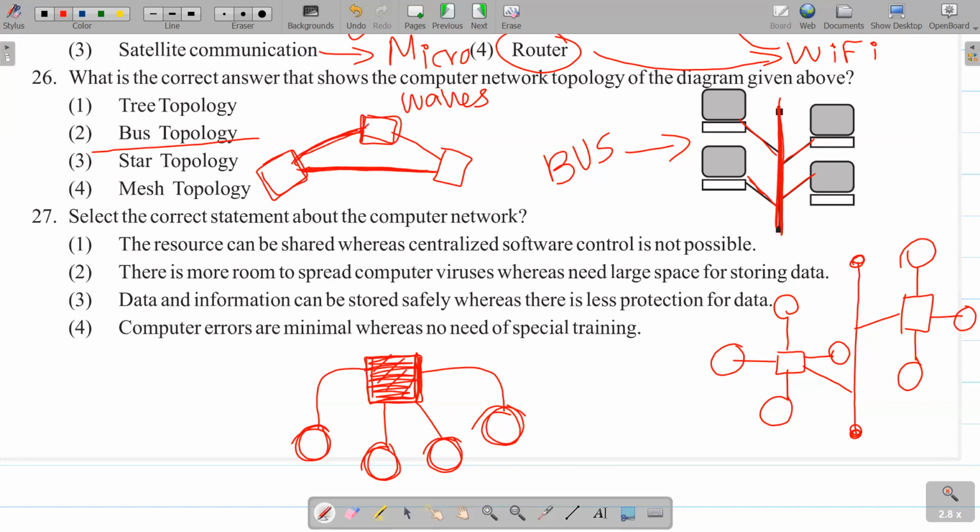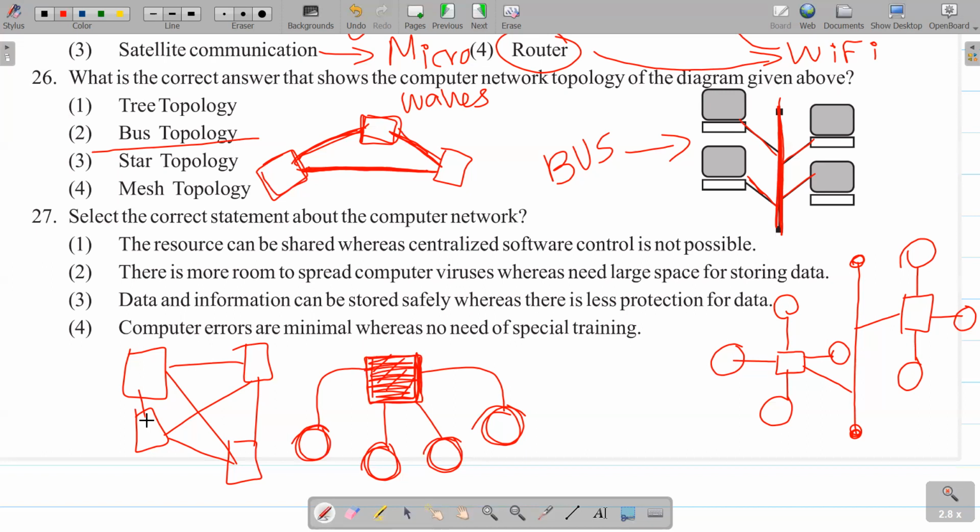Then that is also connected to two devices. So ring goes that way, right? So when you have a connection like this, that's going to be a mesh, right? So focus on the logic, or the concept, not the shape, right? So the answer for the 26th is going to be the bus.